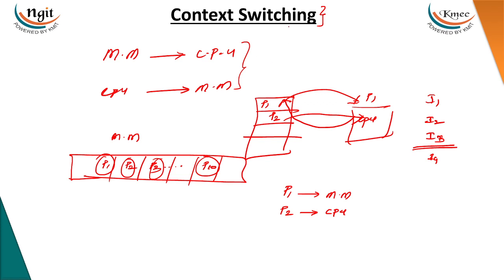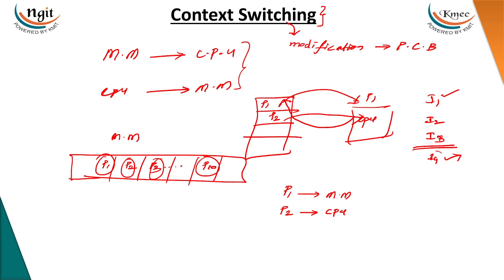While context switching, whatever modifications are made have to be recorded in the process control block. That is how many instructions are executed, and what the next instruction is.